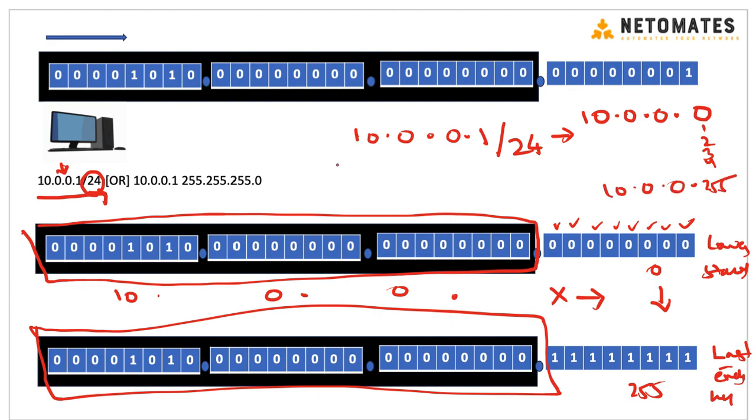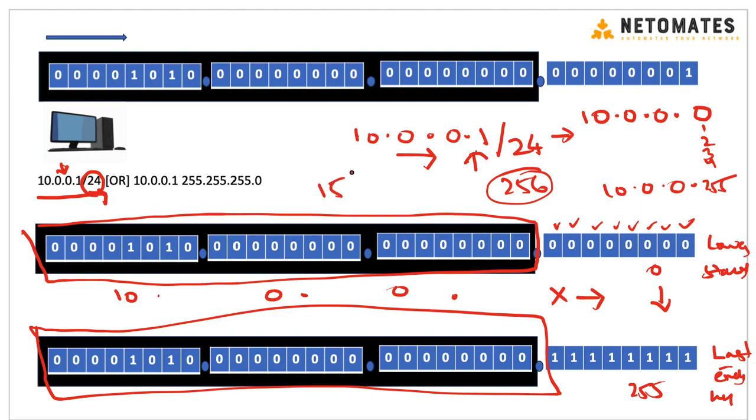So computer A understands its own IP address is 10.0.0.1, and there are a total of 256 IP addresses including 0. Out of these 256, this is its own computer IP.